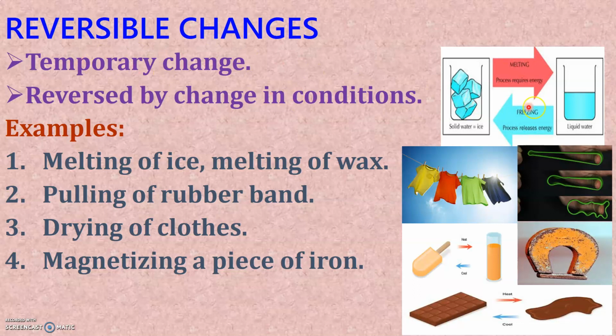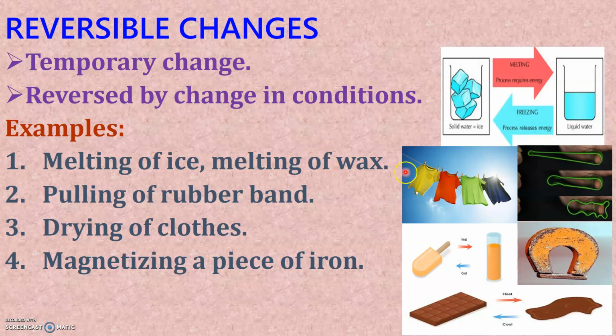Yes. On heating, ice melts to form water, and water on cooling is converted back to ice, which means that by changing the conditions of temperature, we can reverse water back into ice and vice versa. Therefore, we call it a reversible change.